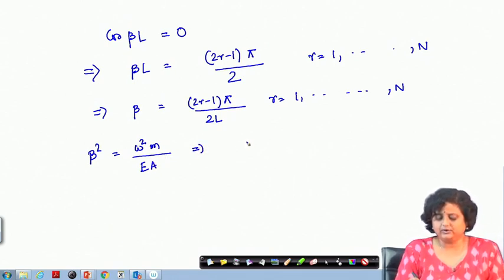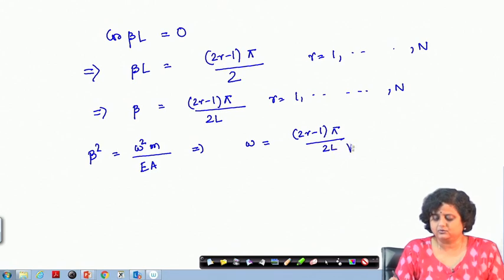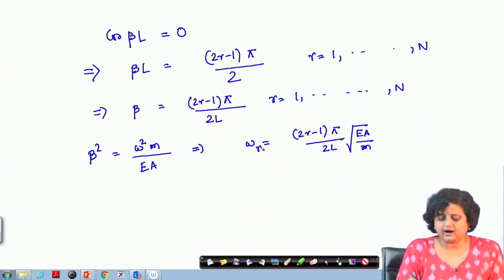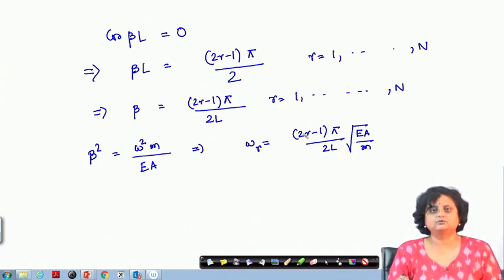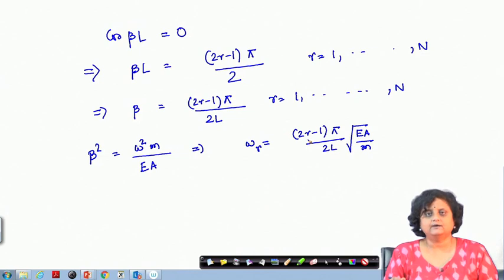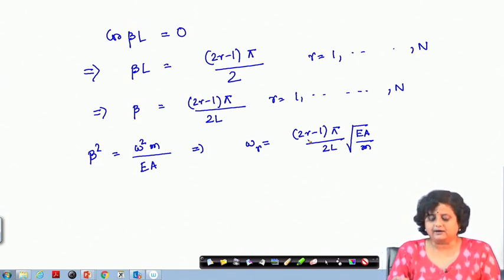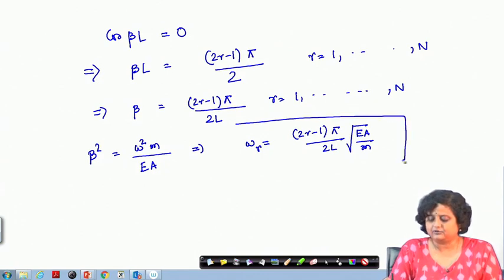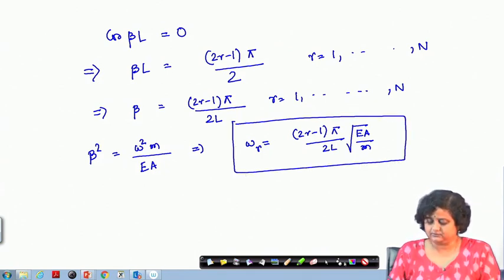So, this is going to give us omega r as (2r minus 1) pi by 2L root over E A by m. I will put a subscript r because the expression on the right hand side depends on the integer value of r. So, this is the expression for natural frequency.